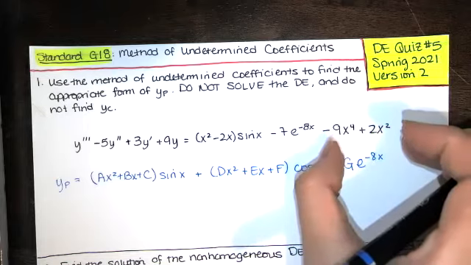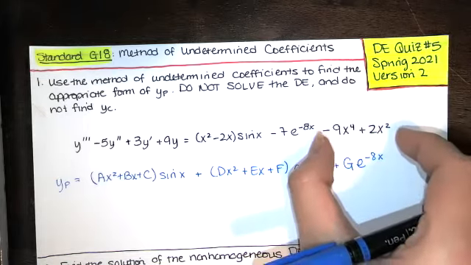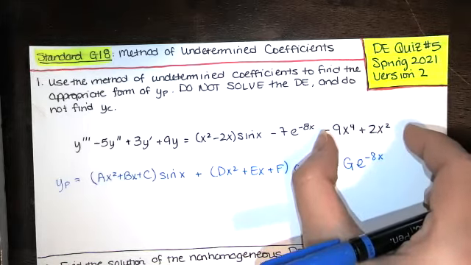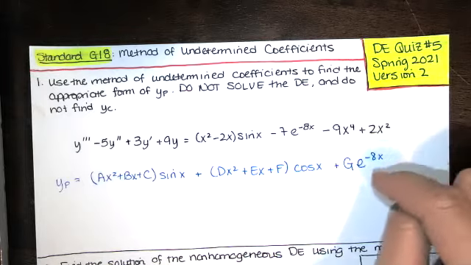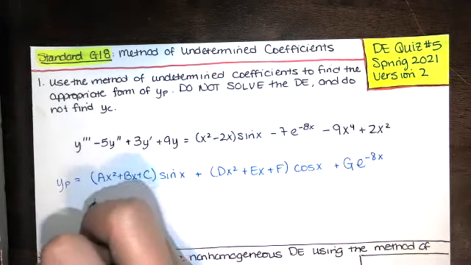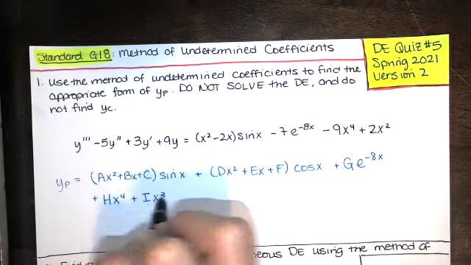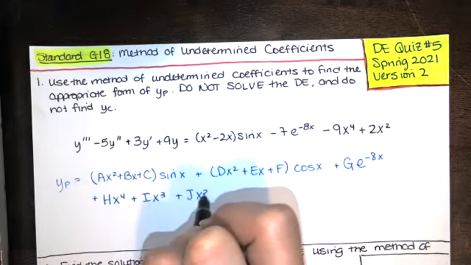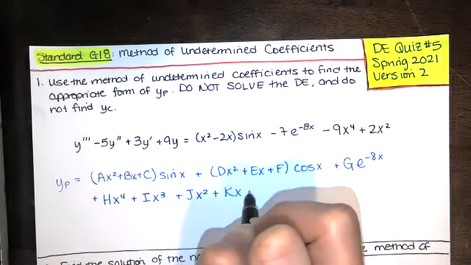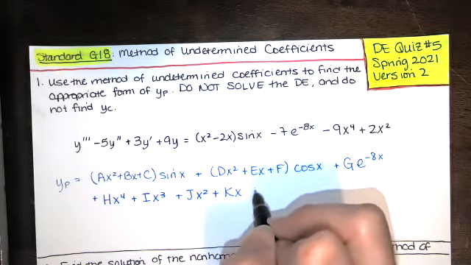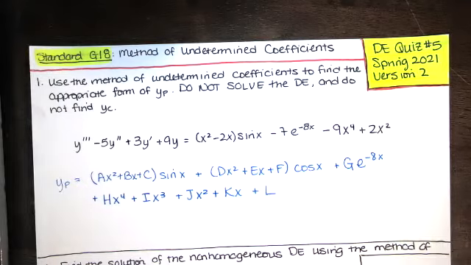You want to think of it as one fourth degree polynomial. So we'll come up with one fourth degree polynomial: h times x to the fourth, i times x cubed, j times x squared, k times x, and l. So h, i, j, k, l, yes. That is our educated guess.